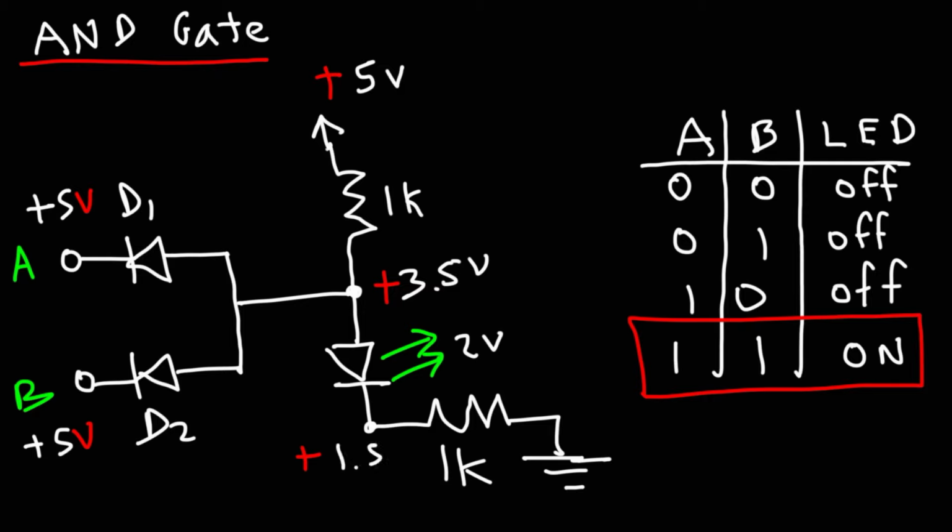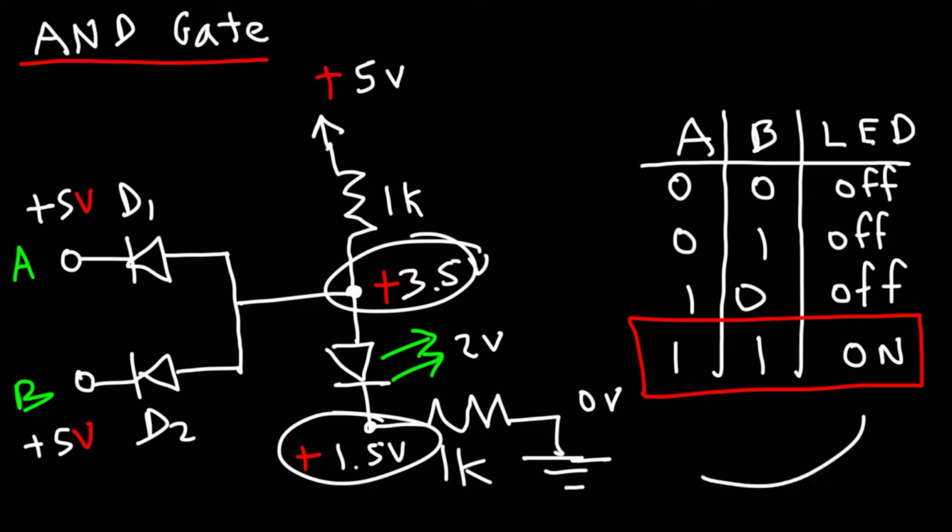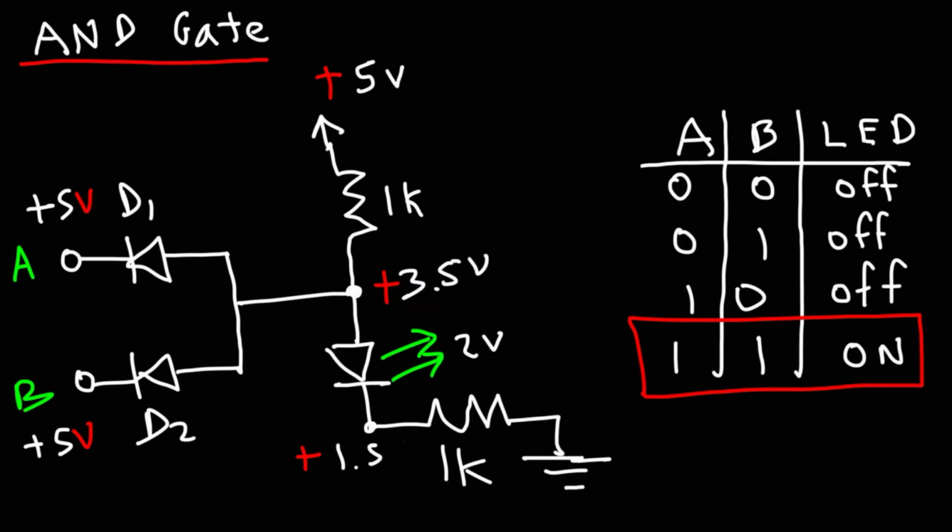We have 1.5 volts across each resistor, and the required 2 volts across the LED. So the LED will be on in this case. So that's how the AND gate works. The LED will be on if A and B are on. Now let's move on to the last one.